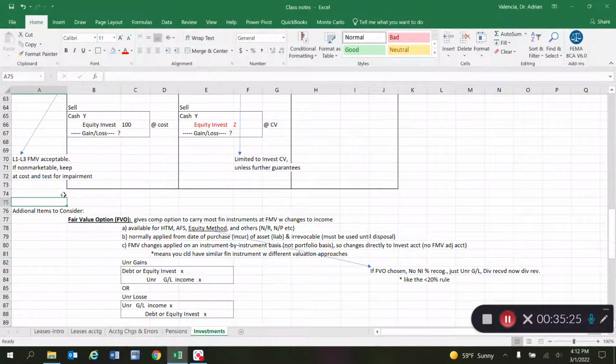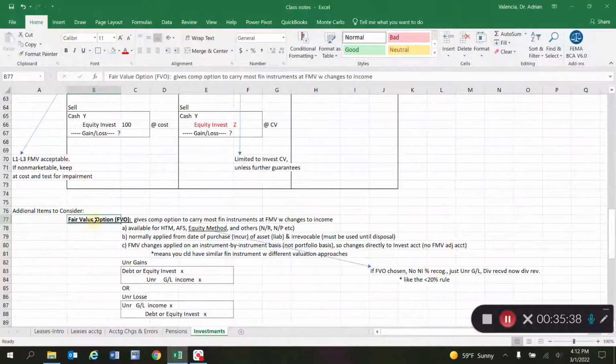So in other words, the rules may dictate that you have to categorize something as held to maturity. That's one option. But under this fair value option, you may actually choose to not carry it at amortized cost. You might say, you know what, even though my intention is to hold it to maturity, because remember, for debt instruments, it's intent and ability, right?